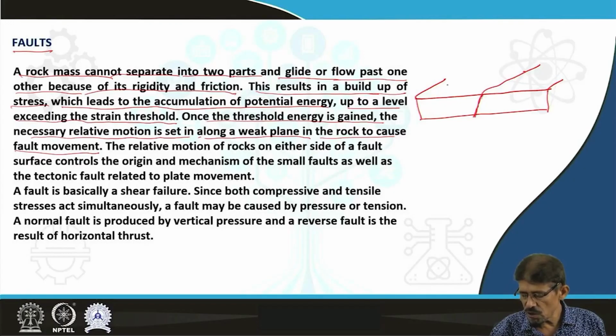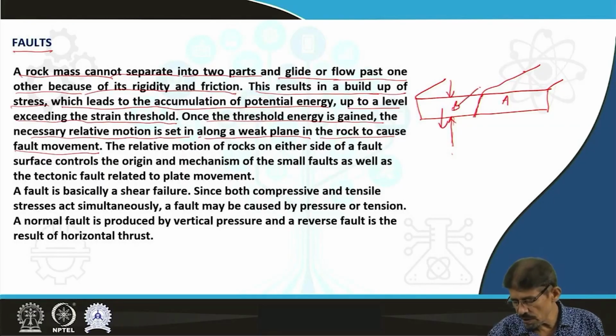Along this, due to overburden or the pull of gravity or the thrust from the lower side, one block is going to move with respect to another, either downward, upward, or along the strike of the fracture line, to the left side or right side. So in this way we get the formation of a fault.